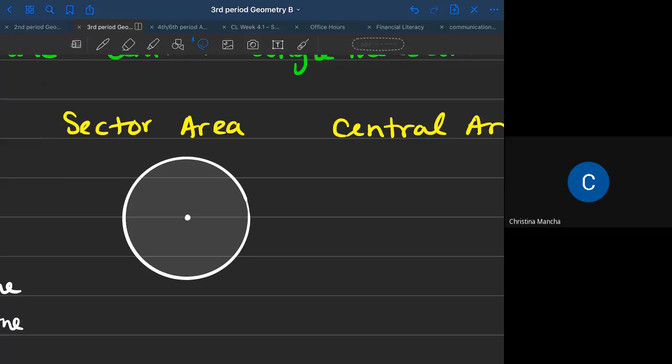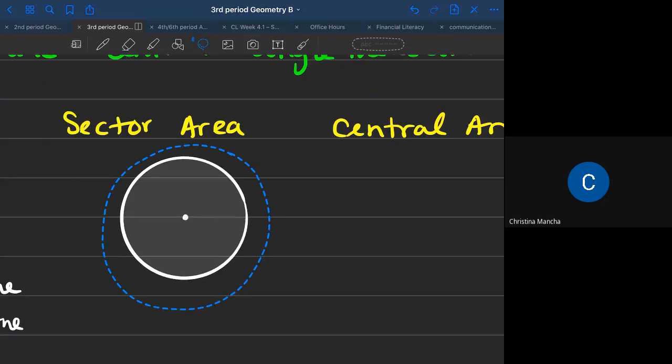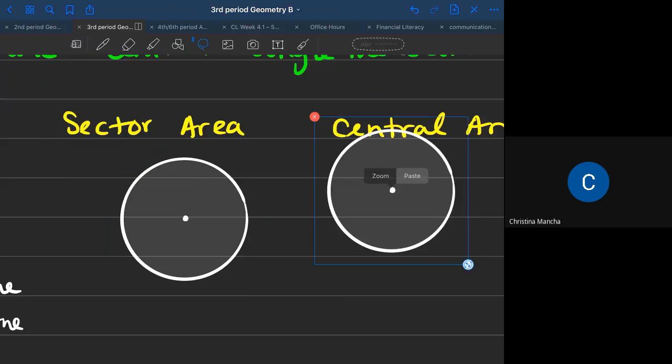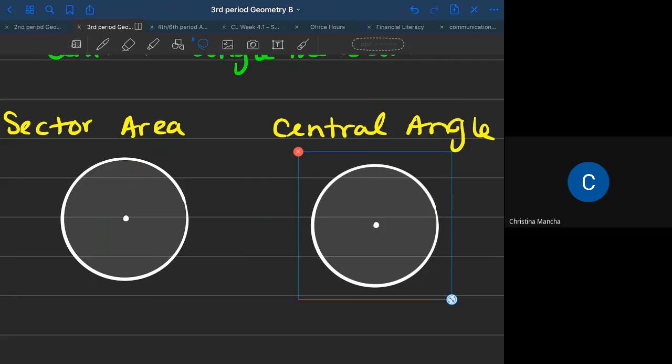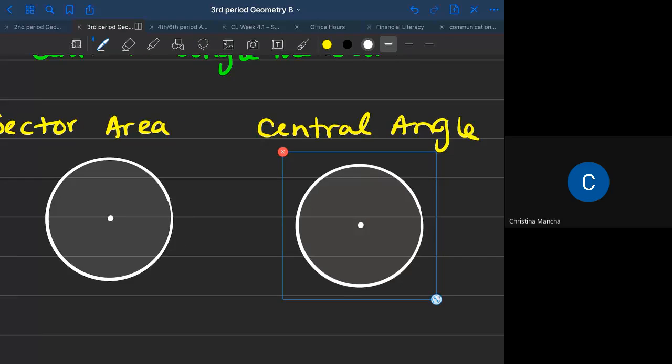Let's for now take this same circle and talk about central angle. We talked about central angle last week. We said that if we are looking from the center to the edge and we connect two of them, then our central angle is this measure.